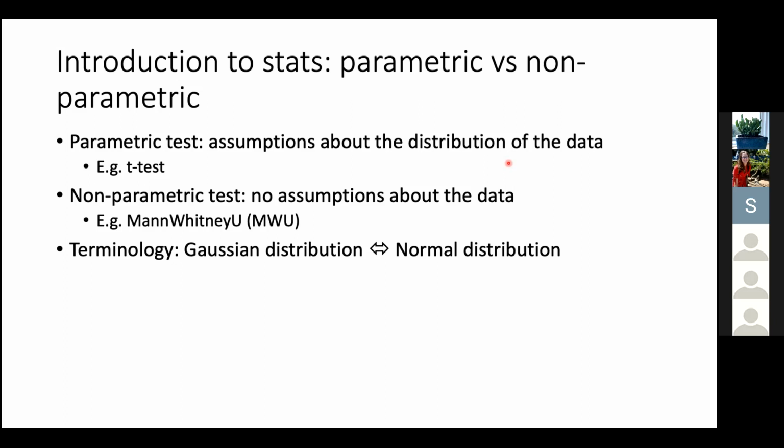A non-parametric test is one where you make either no assumptions or very weak assumptions about your data. The example there is Mann-Whitney U. For those of you in the single cell field, whenever we say Wilcoxon, we're referring to Mann-Whitney U. Very technically speaking, they're different tests. It's a technicality. And then there's some terminology: I'm going to use Gaussian and normal distribution interchangeably, just so that you're not confused.